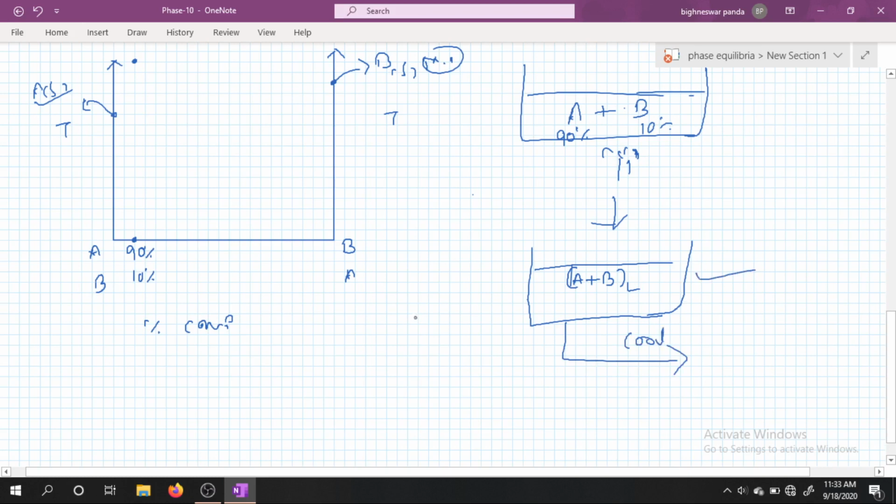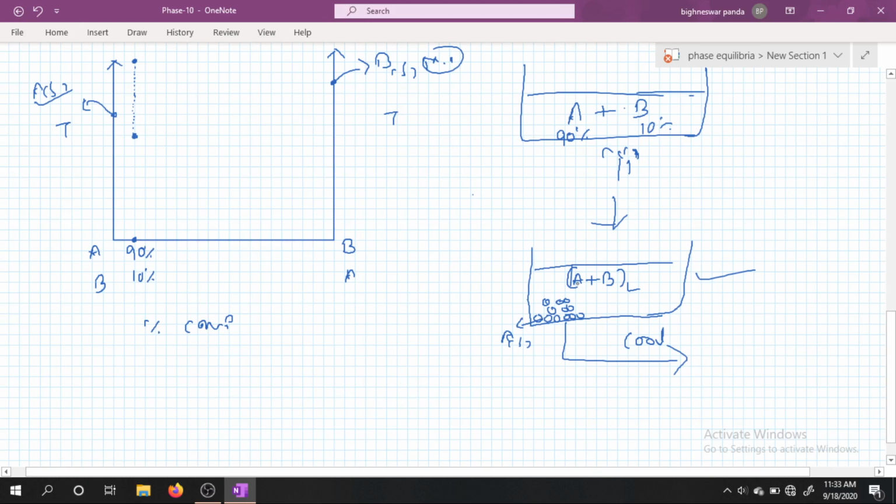that liquid. When I am trying to cool that liquid, since A is 90%, A is our solvent and B is our solute. Since there is presence of solute, and the presence of solute decreases the freezing point, I am getting the freezing point. Consider at this point, some of the A plus B liquid, by cooling, some A solid is being formed.